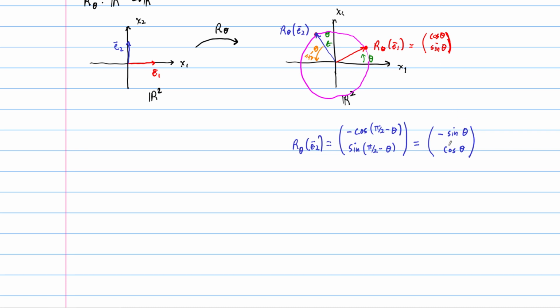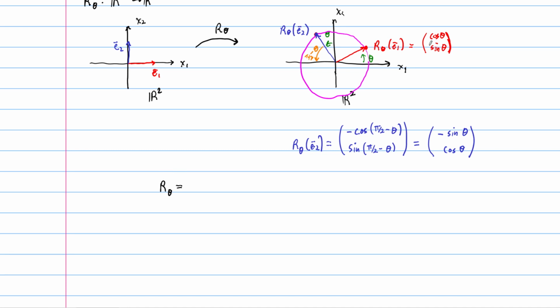And so now we've got our coordinate vectors. They're all in terms of theta. We've applied it to our basis vectors, and we put these together now to make our matrix. I'm going to call the matrix r theta as well as the transformation, so that it looks like rotation by theta.